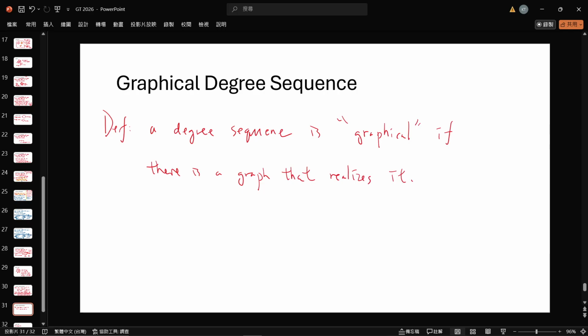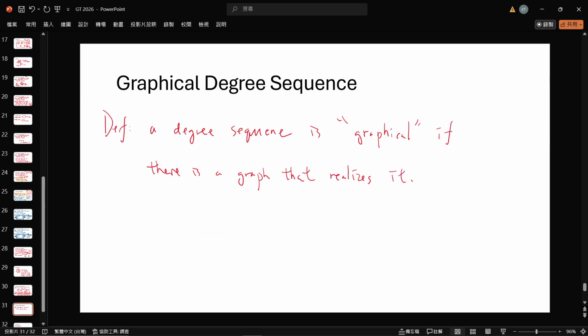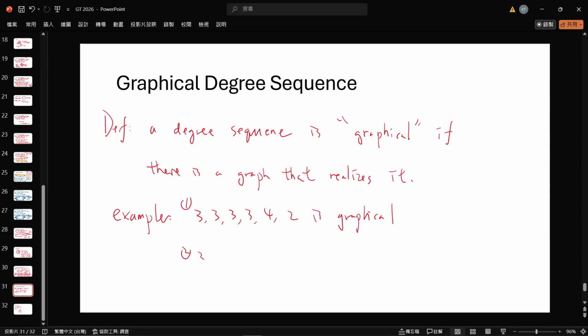So for example, this 3, 3, 3, 4, 2 is graphical. However, 3, 0, 0, 0 is not graphical.